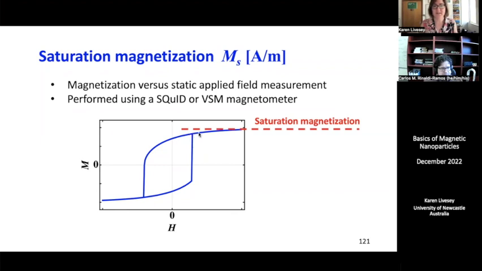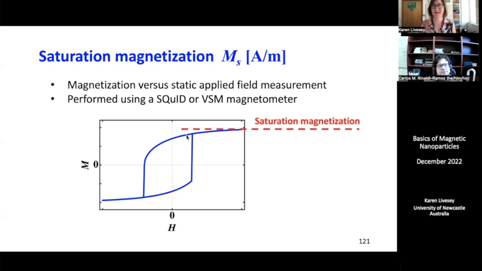And you can see this plot is trying to flatten out. This blue line is trying to flatten out. If we could extrapolate, see where it's asymptotically approaching, that is our saturation magnetization. We never actually get to full saturation in reality because we always have a system at finite temperature. So we always have that atomic jiggle that we've been talking about the last two parts of the tutorial series. So we never get to saturation.